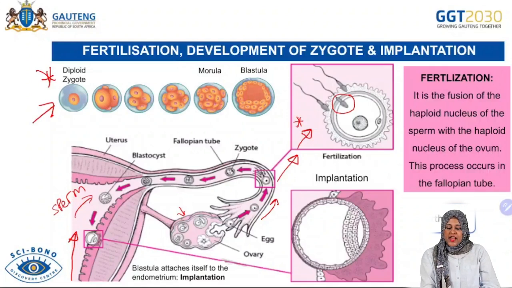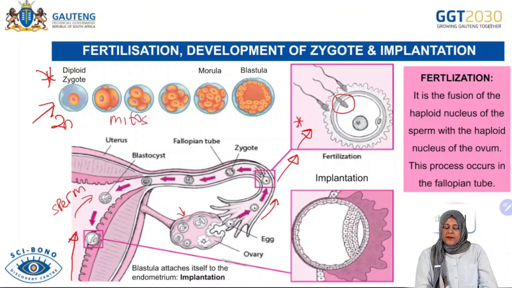And now we have a diploid zygote that undergoes mitosis to grow, until it forms a morula, which is a solid ball of cells. And then we have a blastula. The blastula, remember the spelling, is a hollow ball of cells. So this ball has about 64 cells and there's fluid inside, okay?